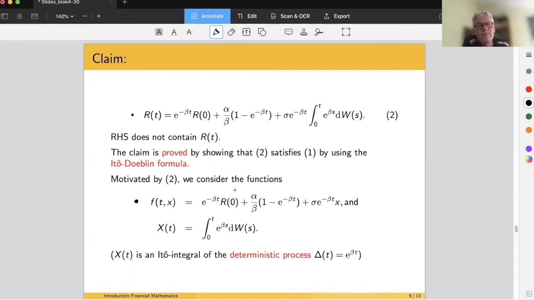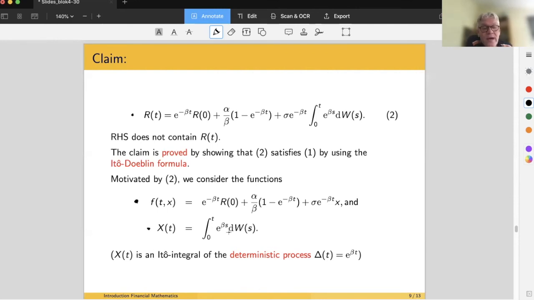That is our function which purely depends on time, plus sigma e to the power minus beta t times x. So, motivated by 2, this part we see appearing here, and this part we see as sigma e to the power minus beta t times x. Yeah, so x in this case, X_t, is then written as the integral from 0 to t of e to the power beta s dW_s.